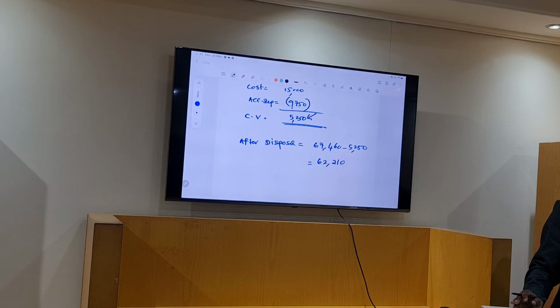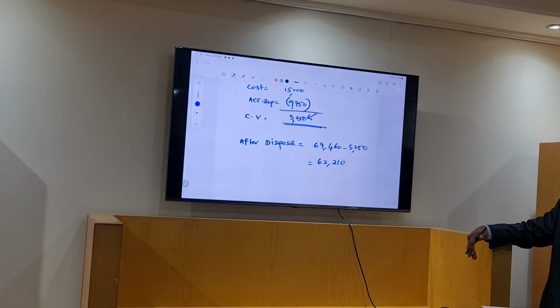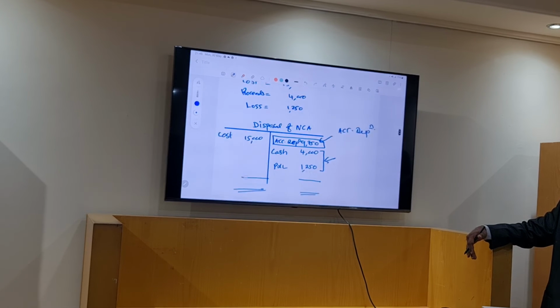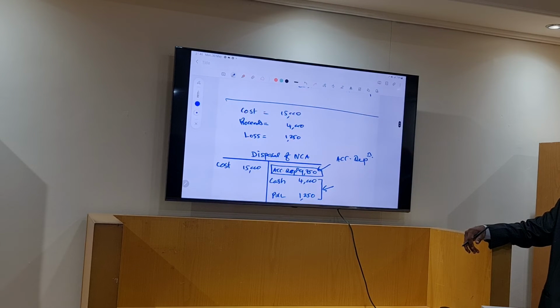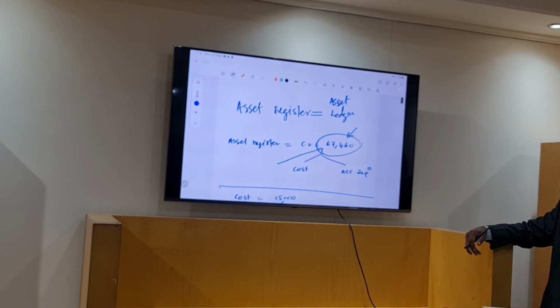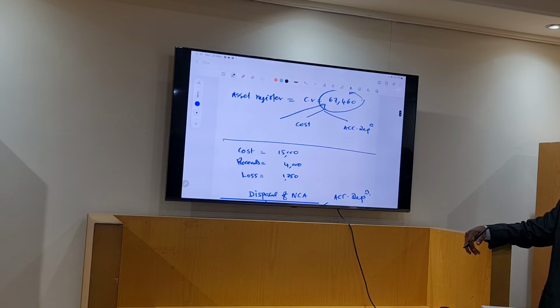The carrying value at the beginning is 67,460. The disposed asset has an accumulated depreciation of 9,750, so I added it to the CV, which comes to 77,210, and then you subtract the cost of 15,000.